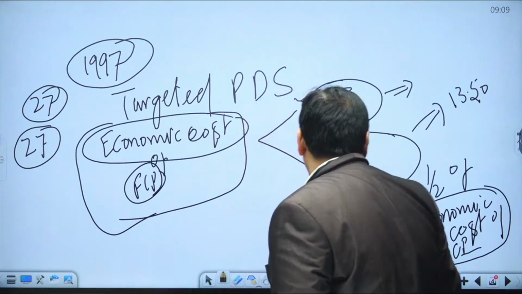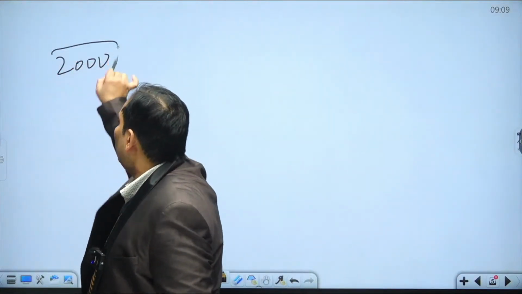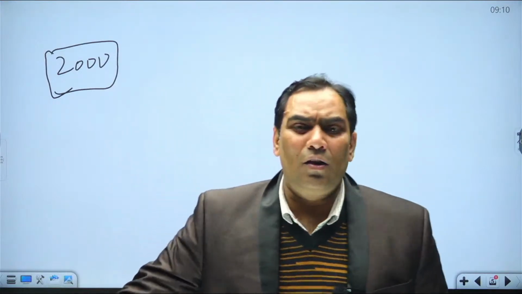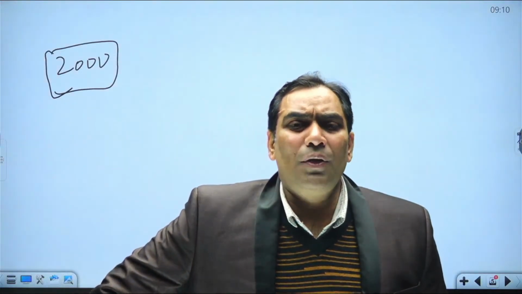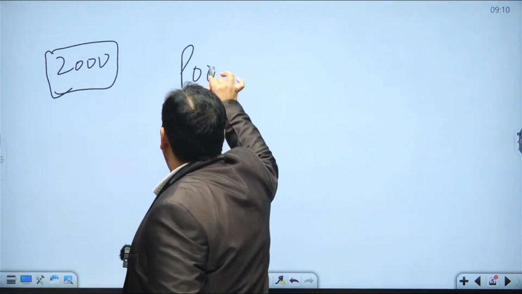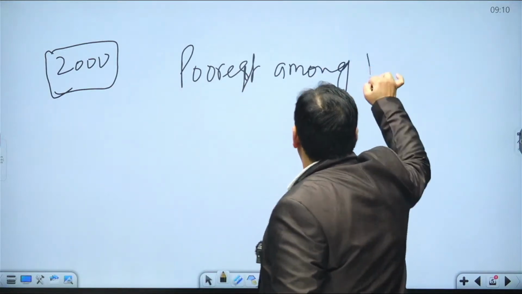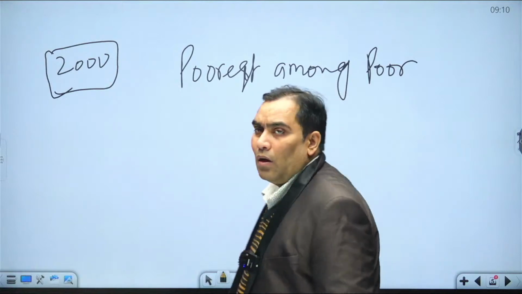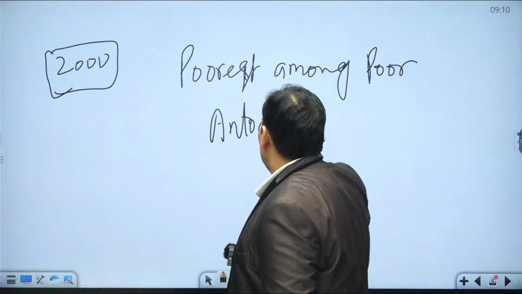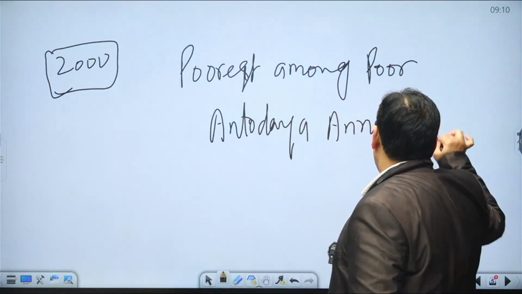Again in 2000 we made another reform. That is known as Antyodaya Anna Yojana. That means we tried to identify the poorest among the poor.